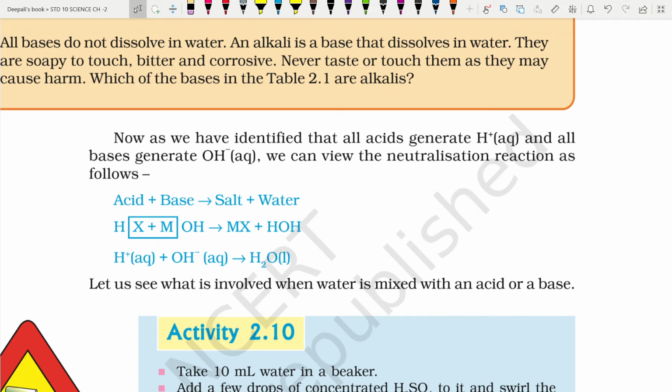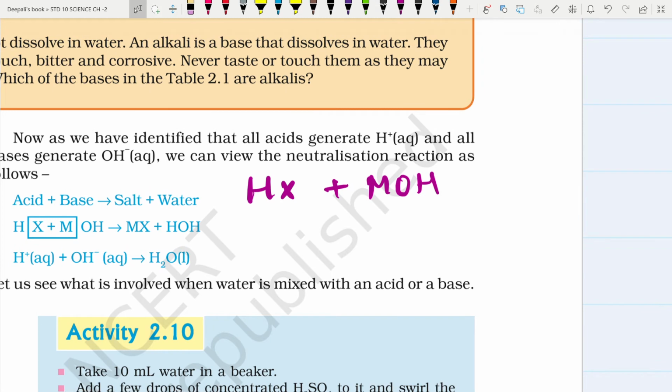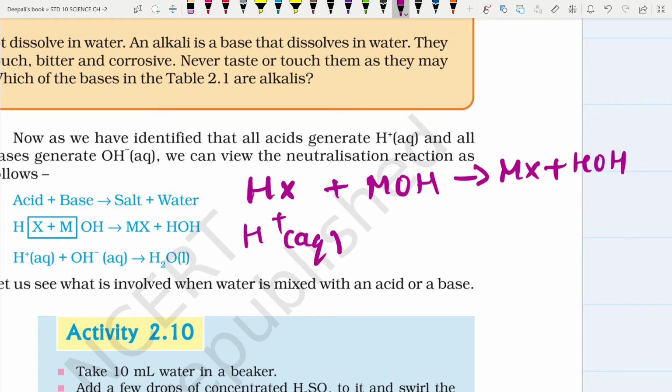If we take HX as the general formula for an acid and MOH as the general formula for a base, and I react them, I will obviously get MX plus HOH, that is H+ aqueous plus OH minus gives H2O, which is water molecule, plus the salt.